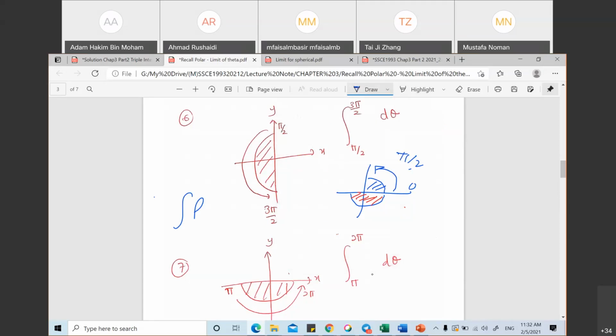Let's say you have the double integral 0 to pi over 2, and whatever the radius is, r d theta, plus, and then from here to here, which is pi to pi.